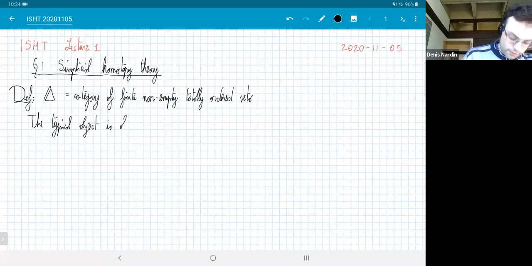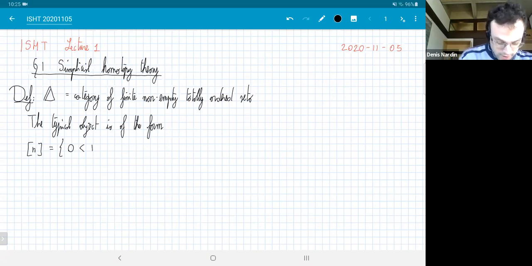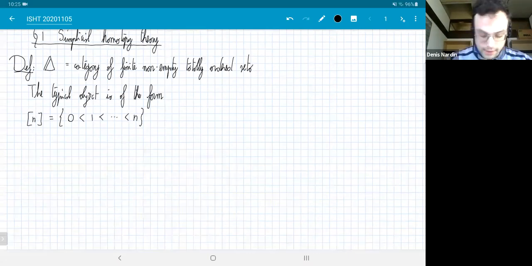And the typical object here is of the form bracket n, which is slightly confusing, but you'll see why in a moment it's called like that: the finite totally ordered non-empty set with n plus 1 elements. Oh, and I didn't say it, but the maps are monotone maps, of course.